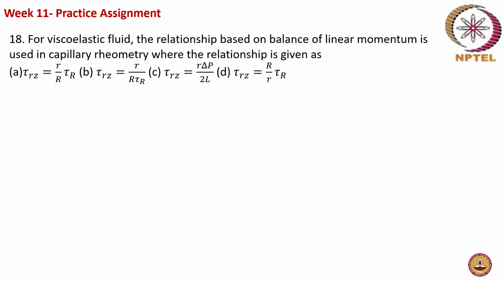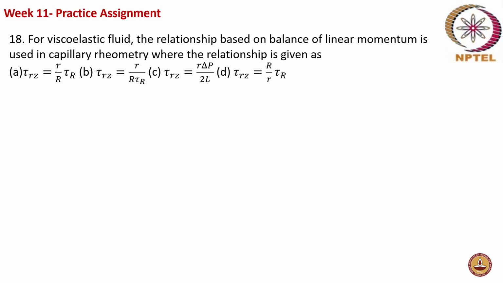Which of these is a valid expression for the shear stress with respect to the wall shear or with respect to pressure gradient, which can be derived for a capillary rheometer based on a linear momentum balance.